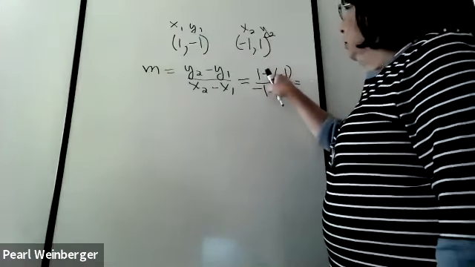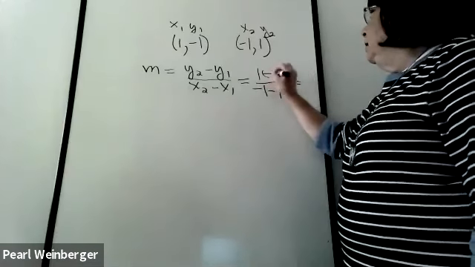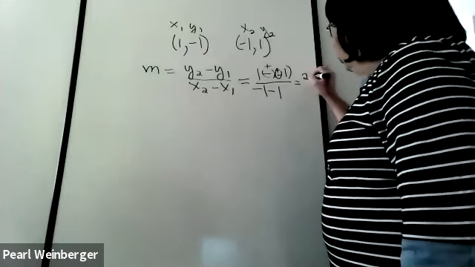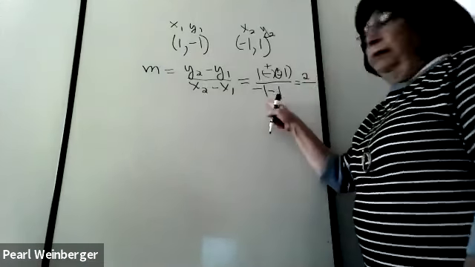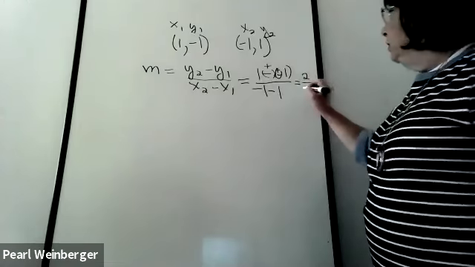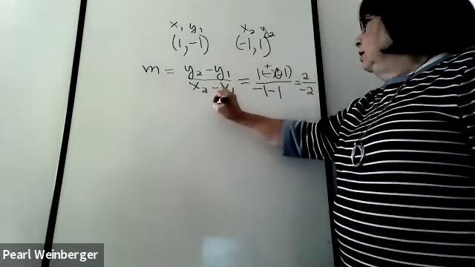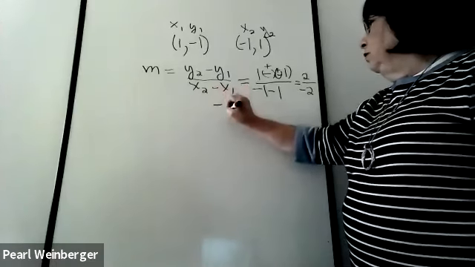Don't forget, when you have 2 minuses, it becomes a plus. So this really becomes 1 plus 1, which is 2. And this becomes -1 minus 1, which is -2. So 2 over -2 reduces to -1.